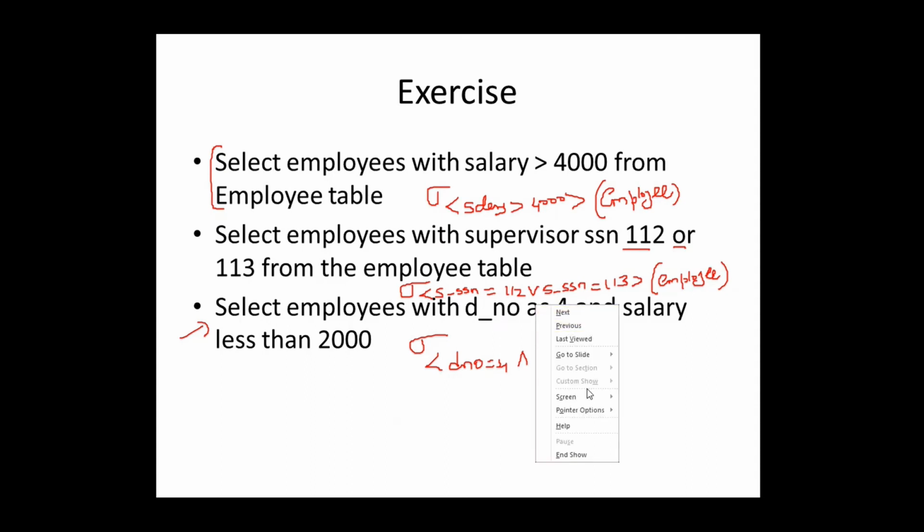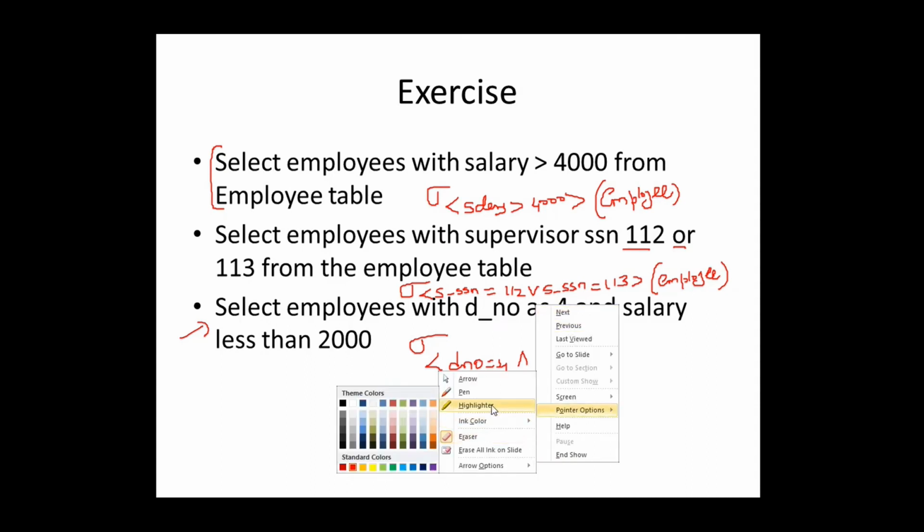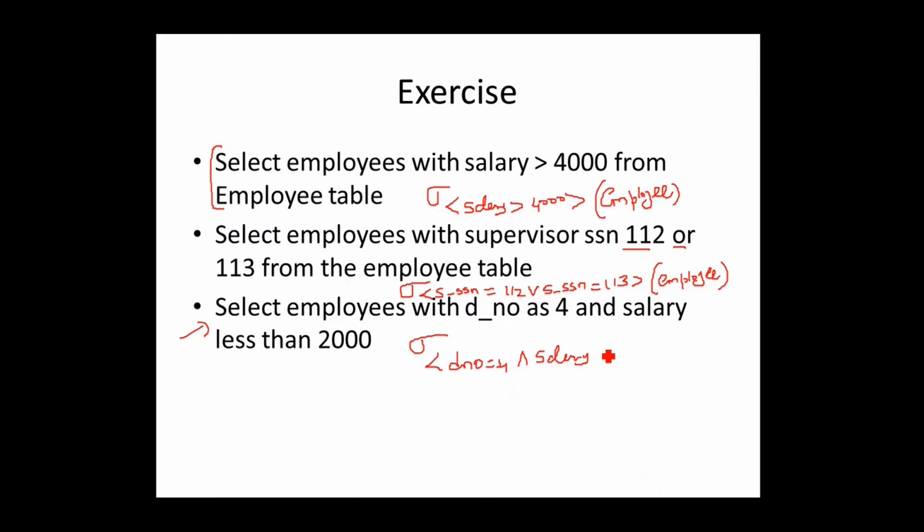I didn't completely write the condition, right? So salary is less than 2000. So that is the condition. Close the parenthesis. On which table? This is on the employee table. So we have achieved the query here. So that's how you use a select operation with the conditions on the tables, and that's how you write a query in relational algebra for that.